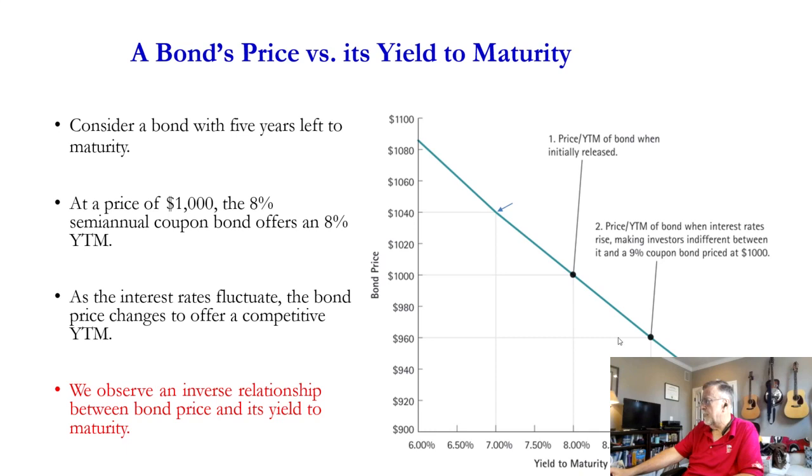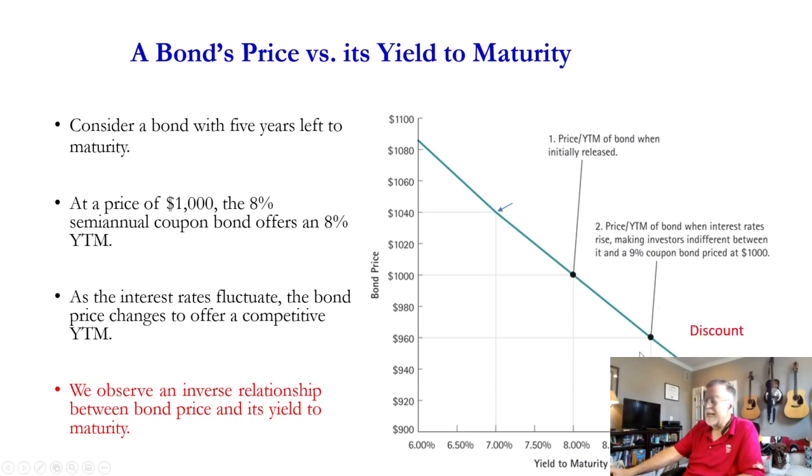As the rates fluctuate, let's say the rates go to 9%. Well, now they're going to have to sell this at a discount because you could have gotten a bond paying 9%. You're stuck at this 8% bond, and so they're going to have to make it more attractive by lowering the price of the bond. Likewise, when rates go down, you're making more money holding that bond, so it's more attractive. They're going to sell it at a premium.